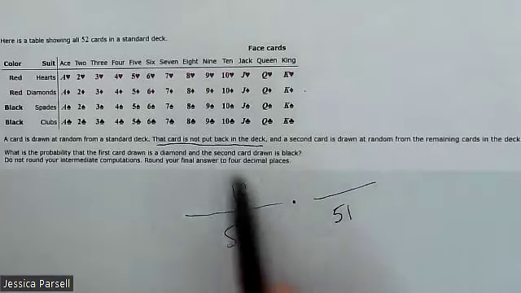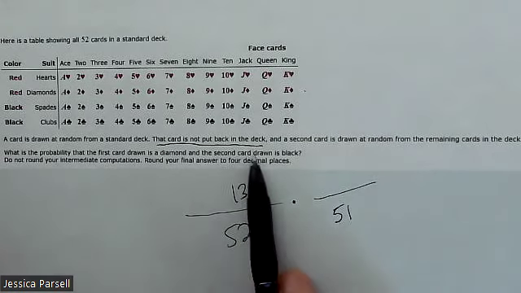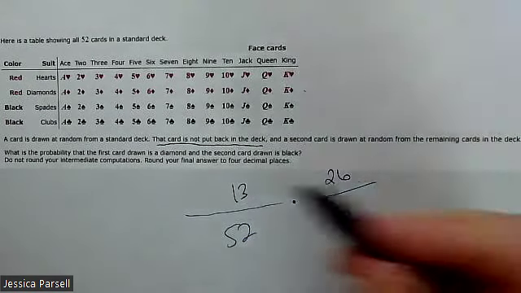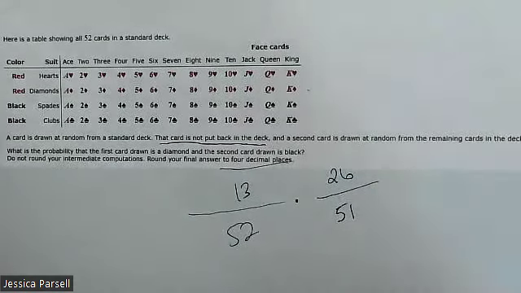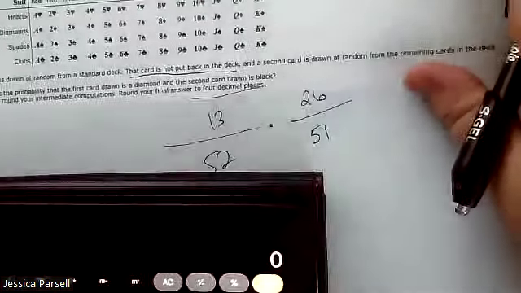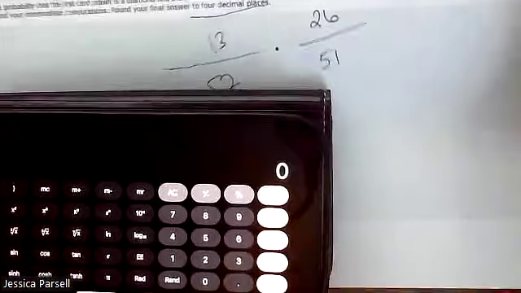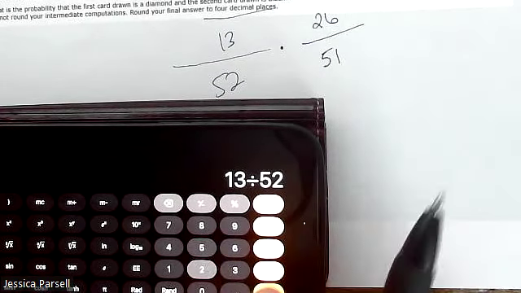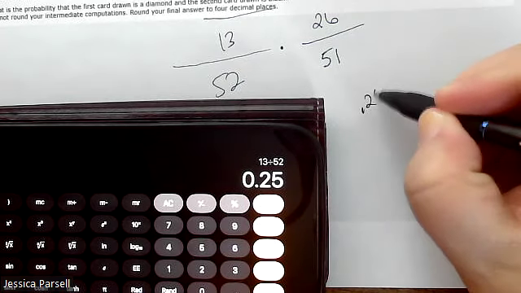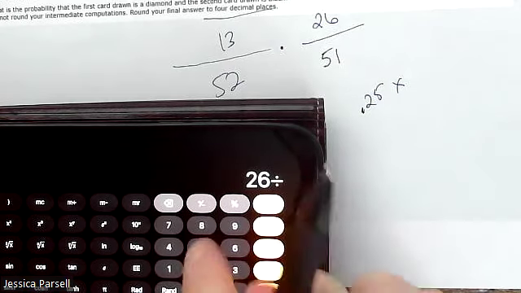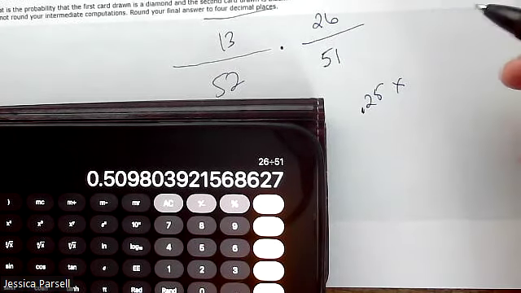Now what's the chance of getting a black card? Well, we know there's 26 black cards. And they want us to round this to 4 decimal places. So here we go. See if I can get my calculator on here. So 13 divided by 52 should be a quarter. So 0.25 times, let's clear this out, 26 divided by 51, that's a long decimal.